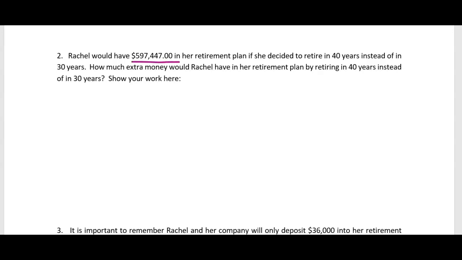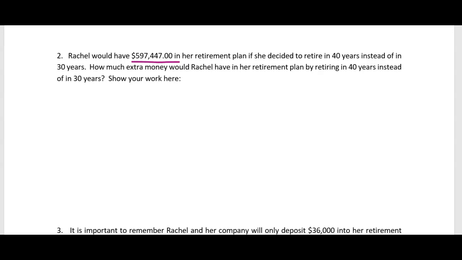But remember, on question 1, you figured out how much she would have in retirement if she retired in 30 years. So the question is just how much extra money would she have if she retires in 40 years compared to 30 years? So how much more will she have?